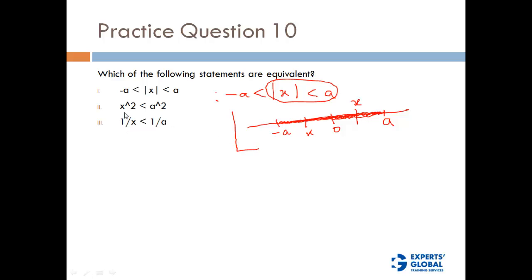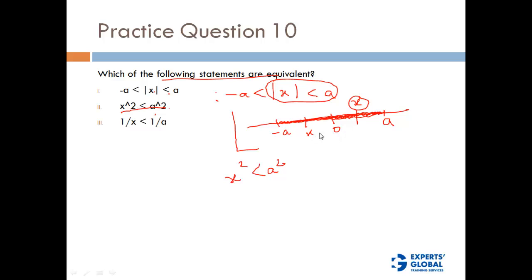Okay, so this much we know from the first inequality. The second inequality is given as x square less than a square. Now let's look at this. If x falls here in this area, we are now comparing whether these two inequalities are the same, because that is the question, which of the following statements are equivalent. So we are seeing whether these two inequalities indicate the same thing.